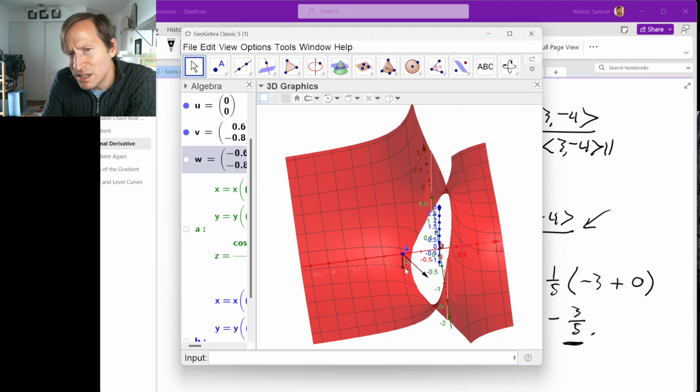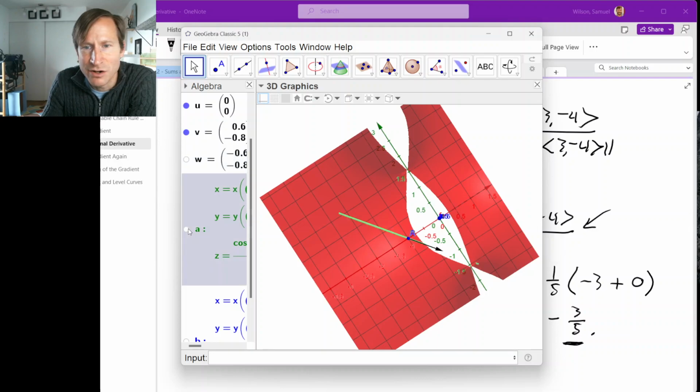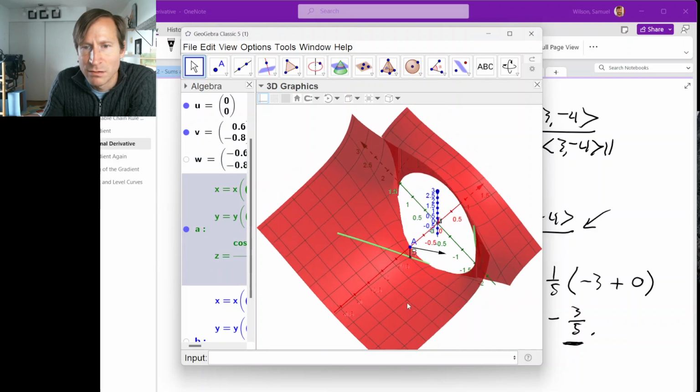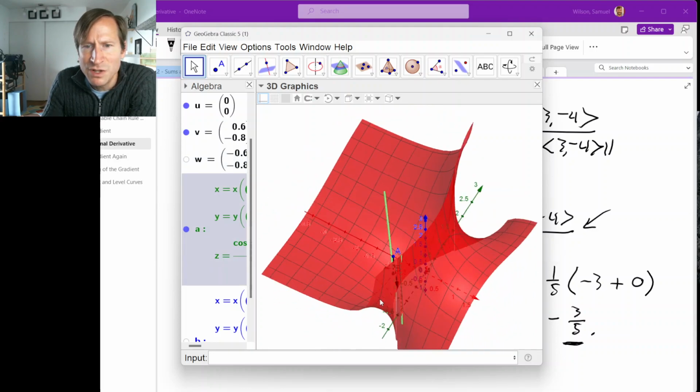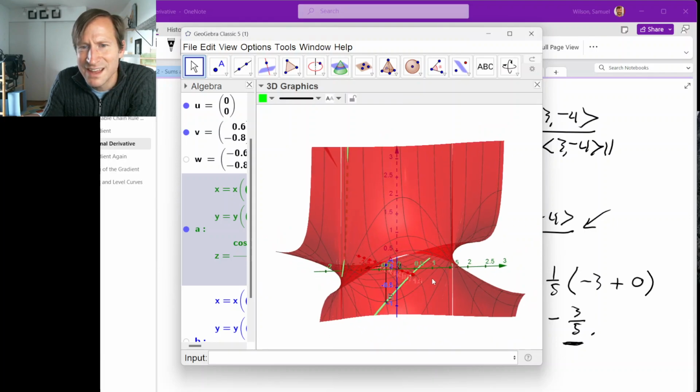Okay, it's a little easier to see what's happening if I actually draw the curve on the graph that goes along this direction. So I have that right here. Okay, and if we look at this from a few angles, you can see that in this direction, this curve is going downwards, right?